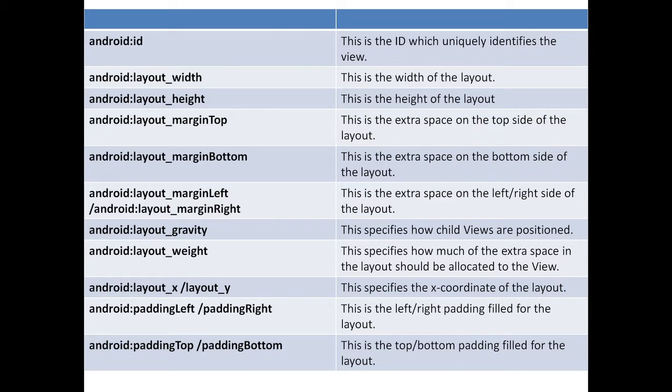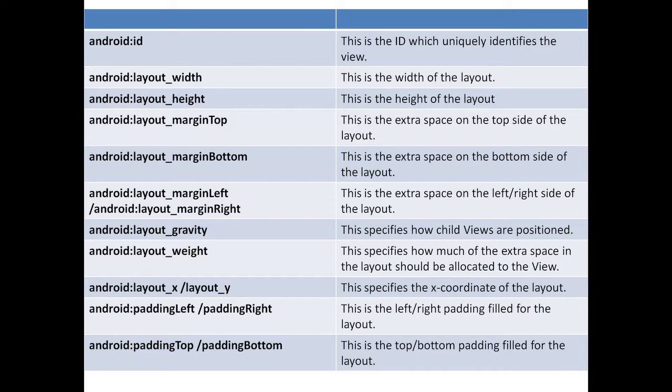Another attribute for leaving extra space, you can also define paddingLeft, paddingRight, paddingTop or paddingBottom attributes. But this space will be left inside your layout, not outside your layout, but inside your layout. Now another attribute is layout gravity, layout weight.